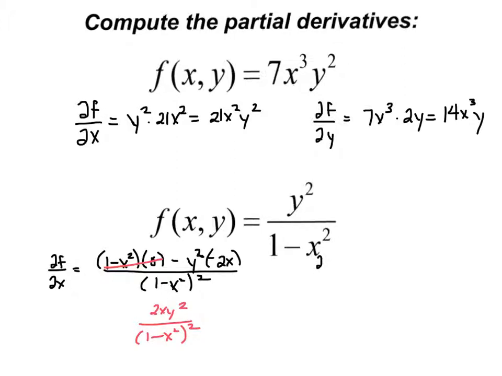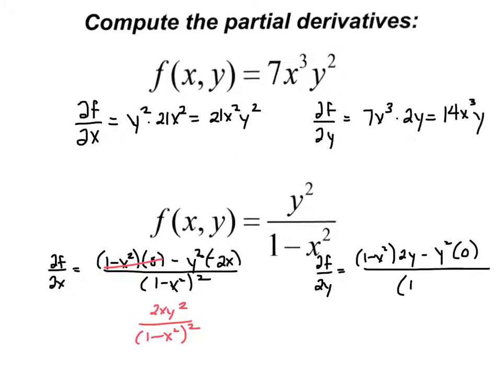So your partial derivative with respect to y, we'd have low, d high, minus high, d low, and since the low is all constant, the derivative of the low is 0.